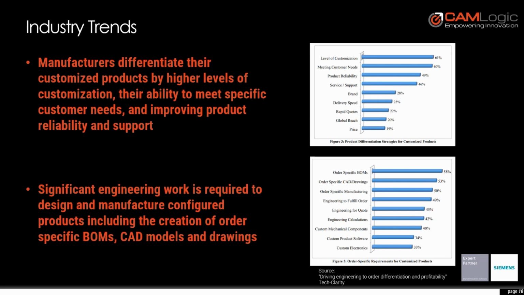When making these changes and doing these configurations, though, it requires a pretty significant amount of engineering work, and not just in the design changes, but also making sure that the bill of materials, CAD models, and drawings are all accurate and specific to each configured model.